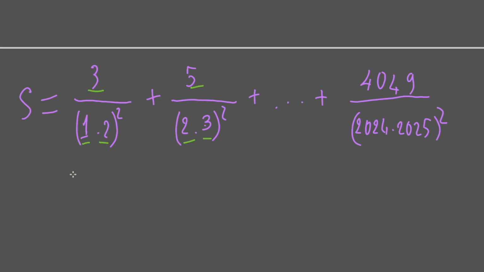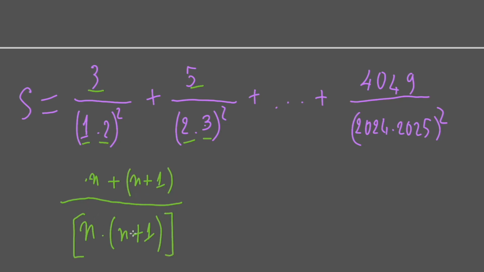This means the rule of this number sequence is, on the denominator, n multiplied by n plus 1, and on the numerator, 2n plus 1. So this will equal 2n plus 1 over n multiply n plus 1 square.